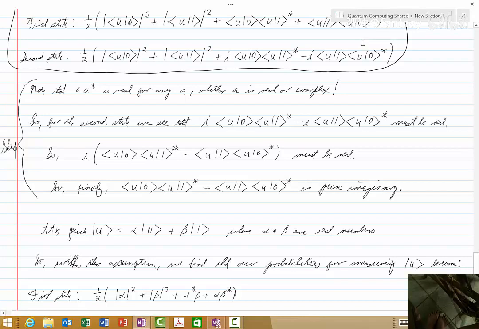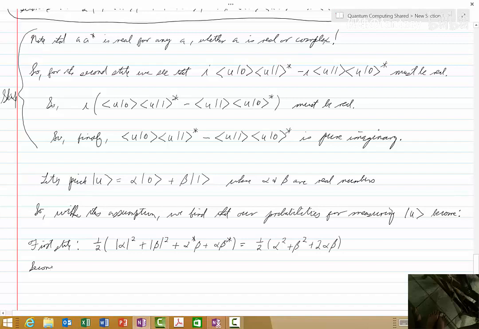But remember that alpha and beta are assumed to both be real. So this simply becomes 1/2 of alpha squared plus beta squared plus 2 alpha beta.